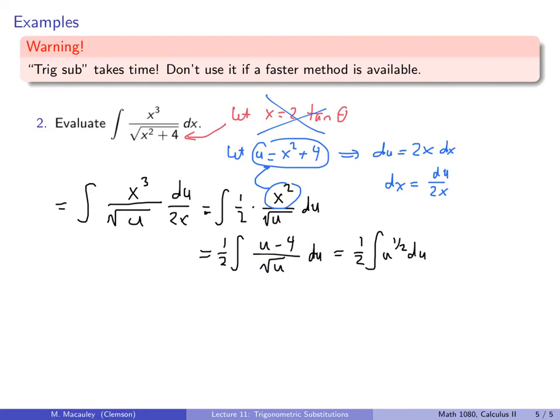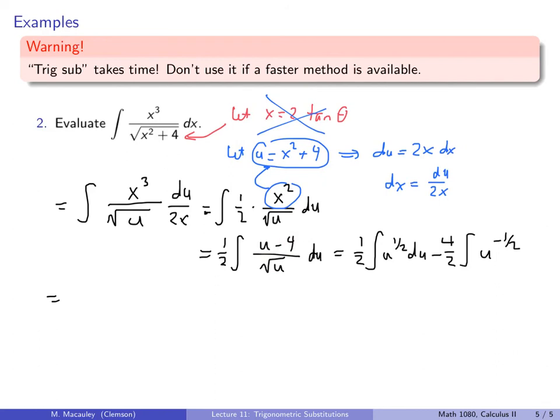And then minus 1/2. Well, let's see, there's a 4 there, so let me pull the 4 out. So minus 4/2 times the integral of u to the minus 1/2. So you should be able to do this, but since we're close, let's finish it.